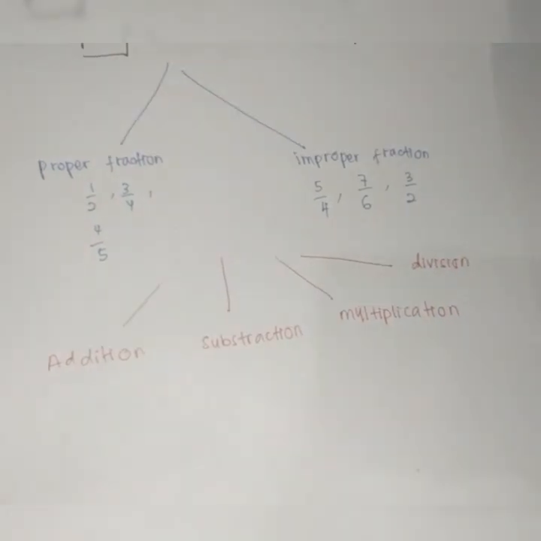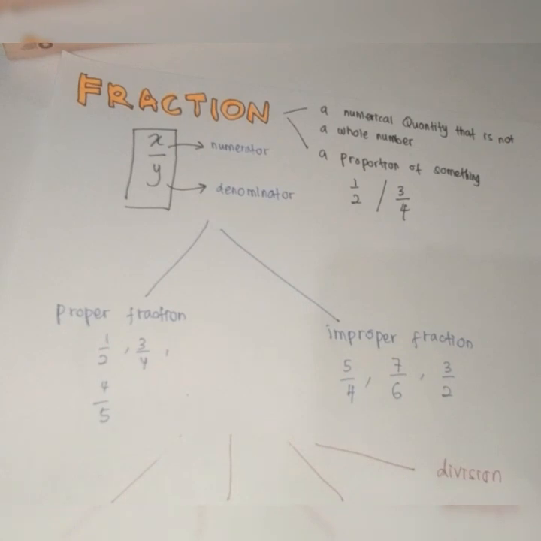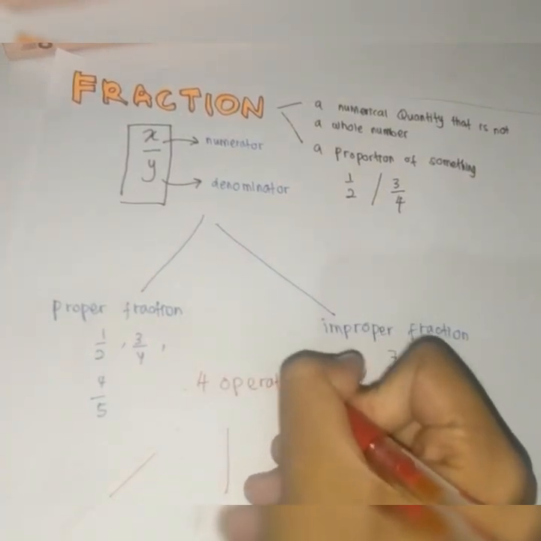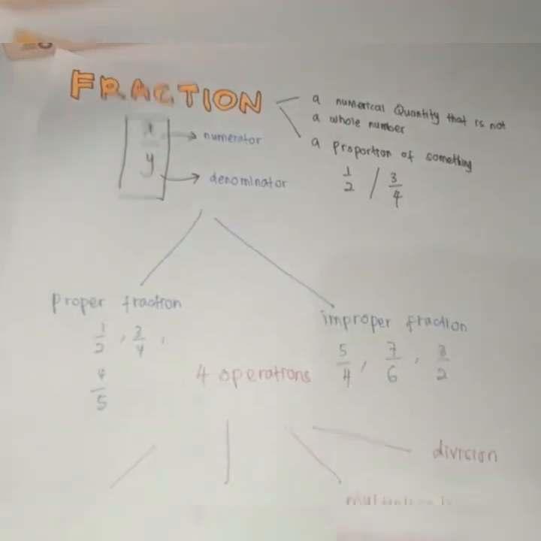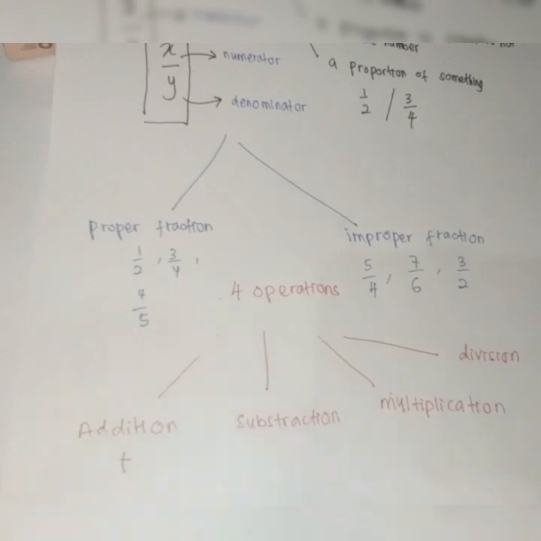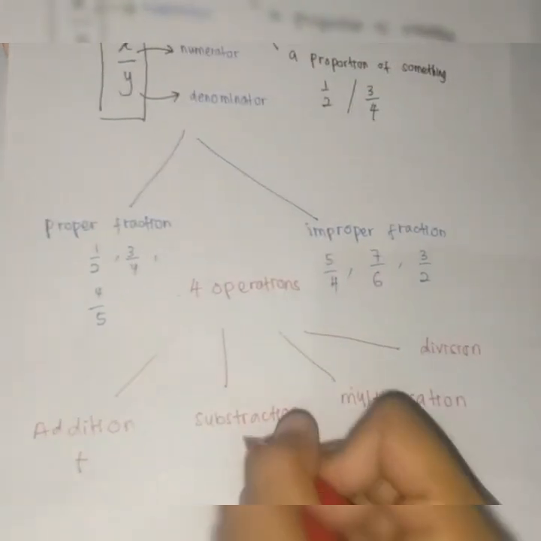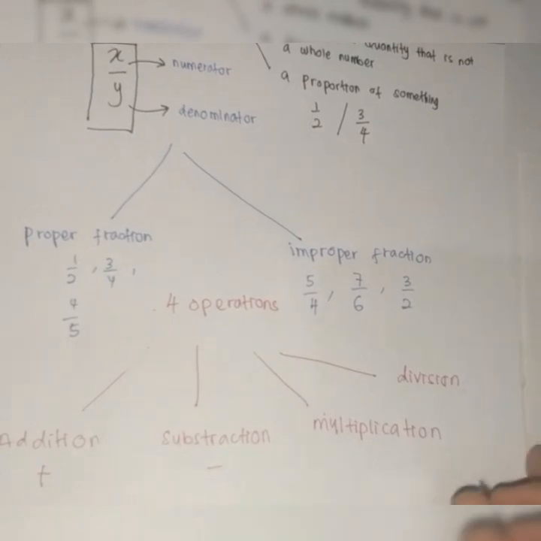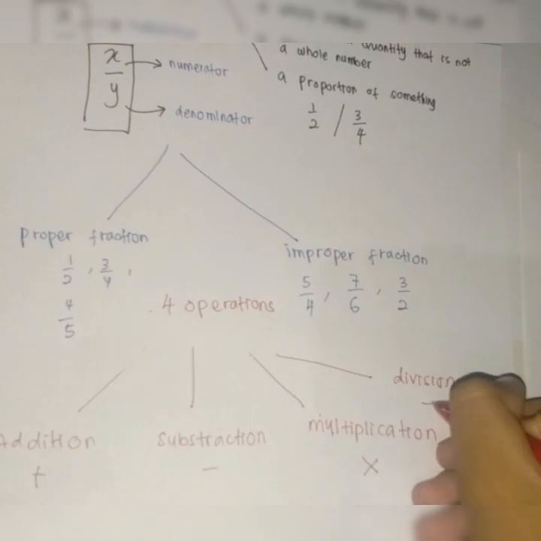So I repeat, in fraction, we have 4 operations involved. The first one is addition, plus. The second one is subtraction, minus. The third one is multiplication, times. And the fourth one is division, divide.